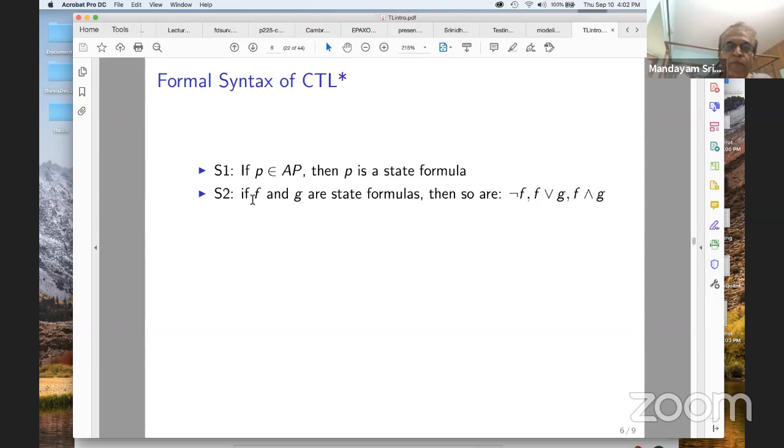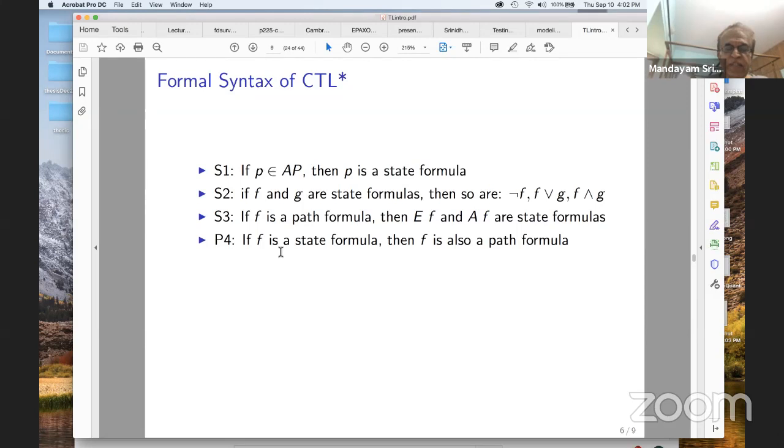If F and G are state formulas, then you can apply the usual Boolean connectives to construct another state formula. And these have standard semantics as in propositional logic. If F is a path formula, then as I said before, you could construct a state formula from that by prefixing it with a path quantifier, either an existential path quantifier or a universal path quantifier.